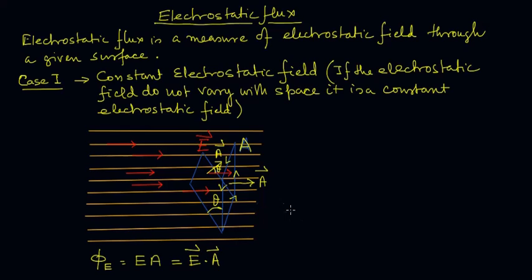So what's the flux passing through this new area? If you have rotated by an angle theta, the amount of flux is less. So you can think like this: what is the projection of this area parallel to this field? An area which is projected parallel to this field is like this.